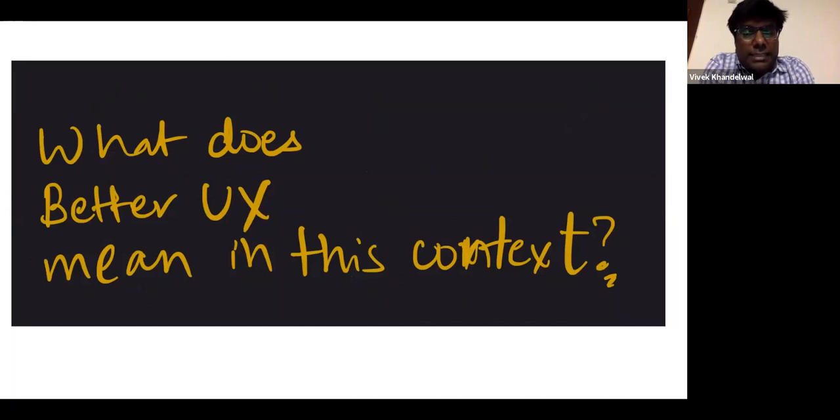They said in their blog post that because they want to focus on a better UX, they want to introduce these quieter notifications, right? The question really is, what does better UX mean? How do you quantify it as a marketer?